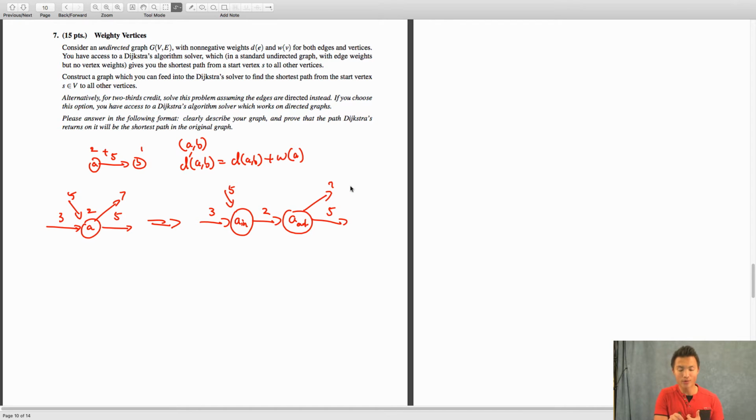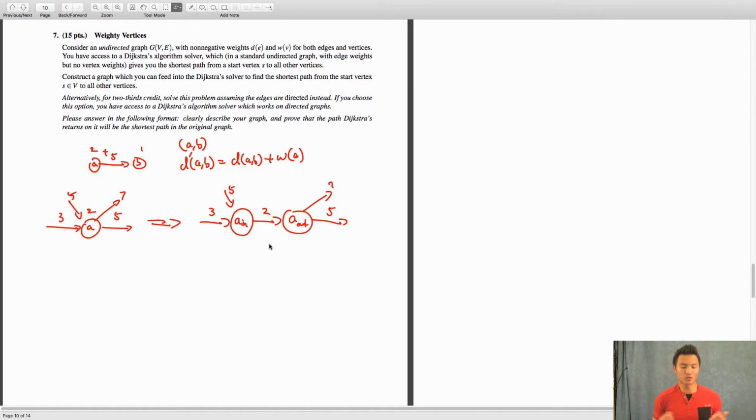So if I do go through A out, I would have accounted for the vertex weight of 2, right? So that's another reason why this works: if I go through this vertex A, I'm forcing this path to take this extra edge that I'm adding, right?